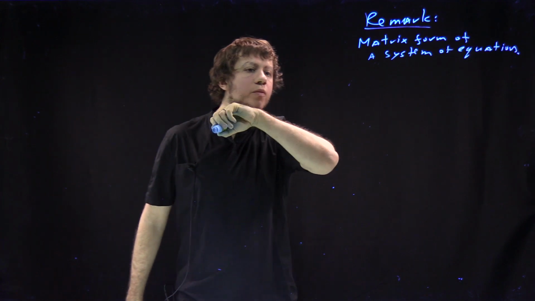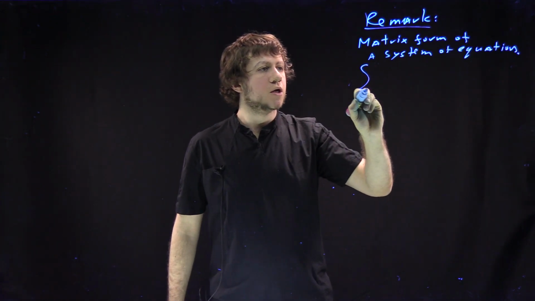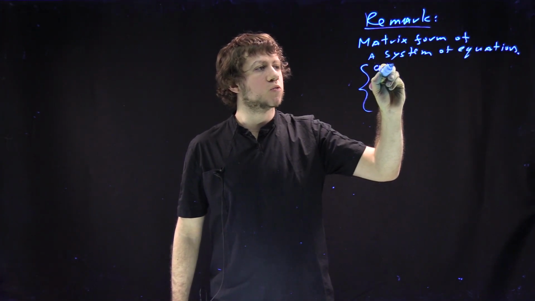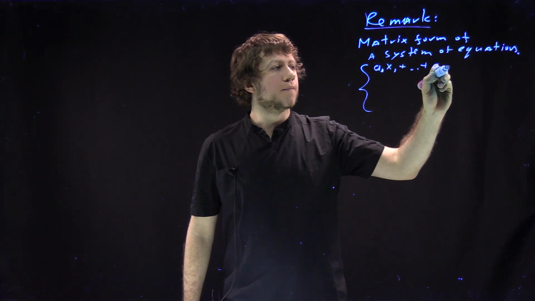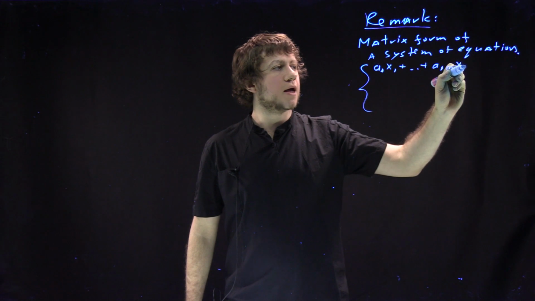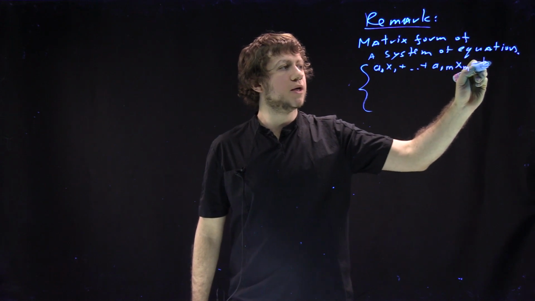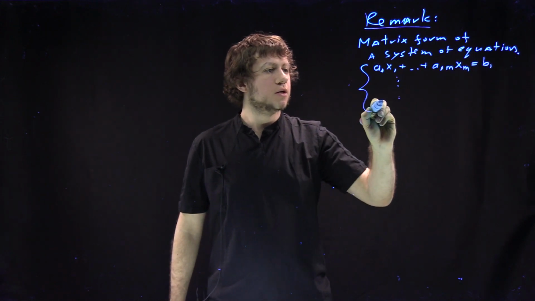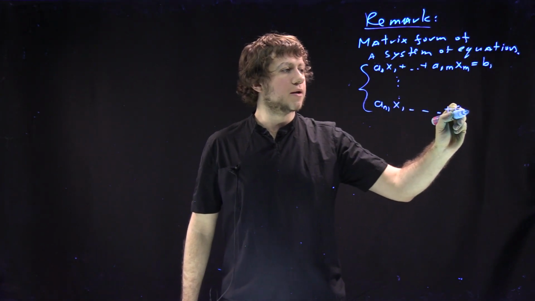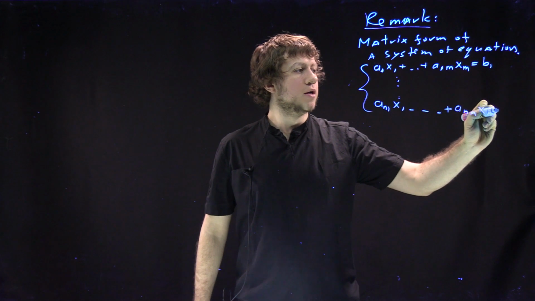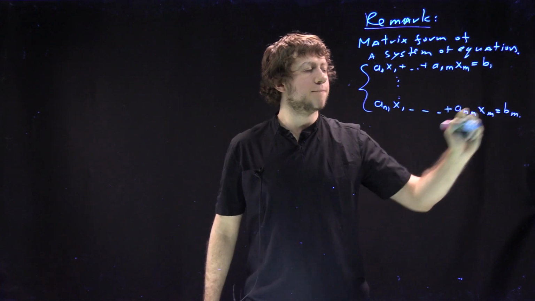Let's assume we have a system of equations: a11 x1 plus and so on, plus a1m xm equal to b1, up to an1 x1 plus and so on, plus anm xm equal to bn.